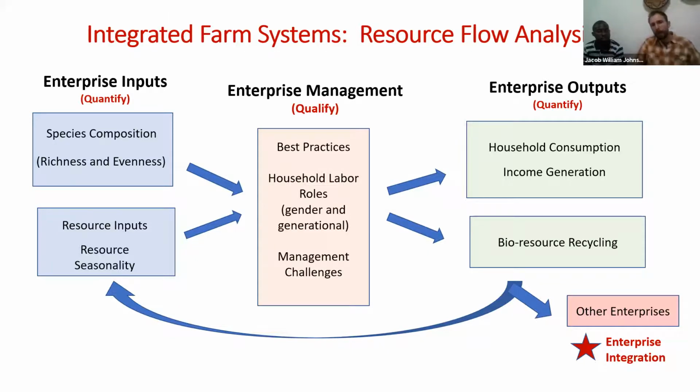And then we're going to quantify the outputs from each enterprise. And that includes outputs for household consumption, income generation, as well as the bioresources that are generated for recycling back into the system. So those can be recycled back into the original enterprise or into other enterprises, which gives us an indication of the level of integration that occurs in these farms.